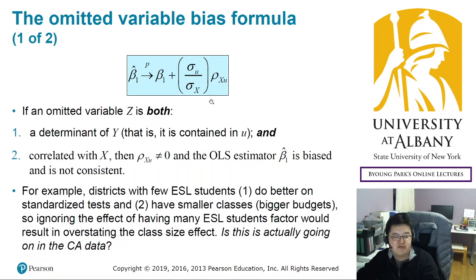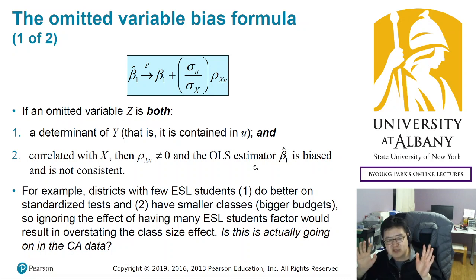For example, if your beta 1 hat was minus 10, and if you know that you are underestimating the true parameter, then at least you can say that a 1 unit increase in the student to teacher ratio will decrease the test scores by less than 10 points.